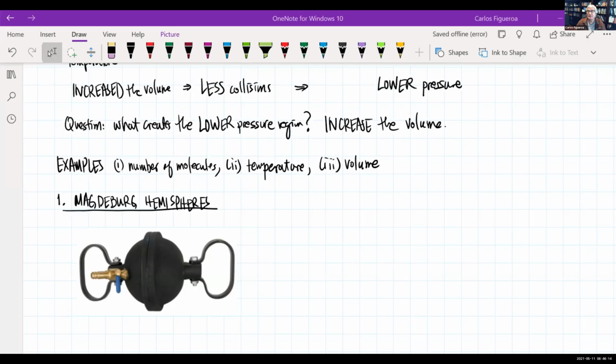And so there's a very famous picture, and there's lots of famous pictures of this situation. But the one I'll show you here is what Magdeburg essentially did.